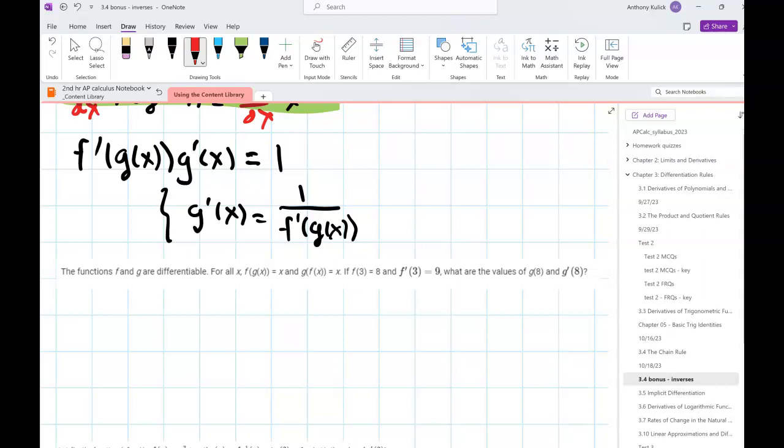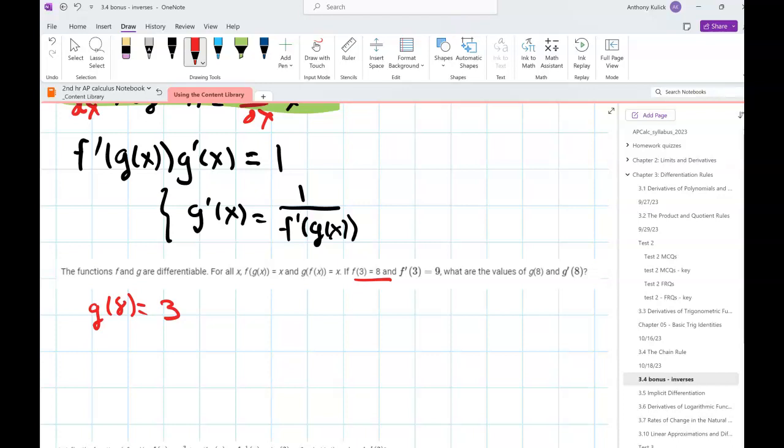So g of 8 we can do really easily, right? What's g of 8 going to have to be? 3, right? Because if f of 3 is equal to 8, g of 8 has to be equal to 3, since they're inverses. Does that feel okay?